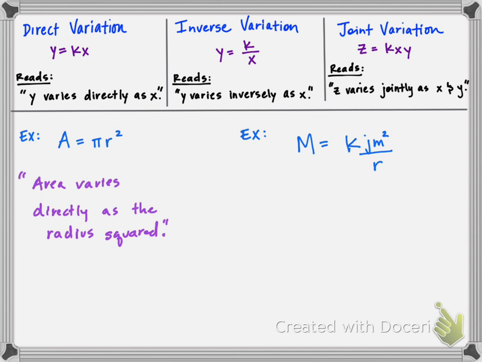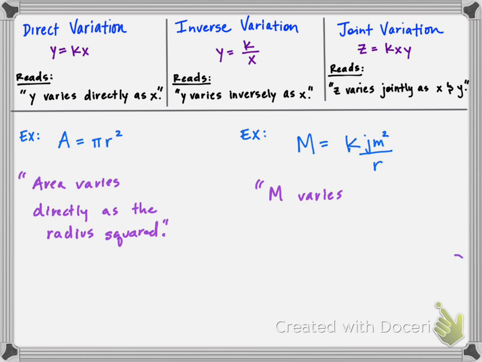Okay. I encourage you to pause, try the second one on your own, and then check it. Just use the variable names since we don't necessarily know what they all mean yet. I'm going to just go with it. So m varies. We always start with the variable on the outside is varying. And then this is how we have to describe it. So notice you have j and m squared. So that's a joint variation.